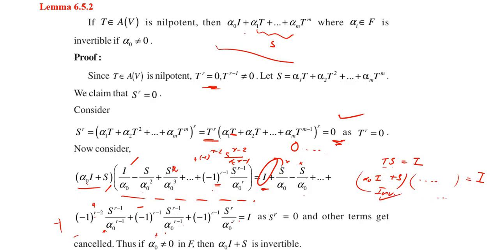That is, this expression alpha naught I plus S is invertible. What is it that we have assumed? Alpha naught non-zero. Just because alpha naught is non-zero, we are able to have it in the denominator. So that condition is required. So we have unit plus nilpotent to be unit. This result is somewhat similar to the same result in ring theory. Thank you.